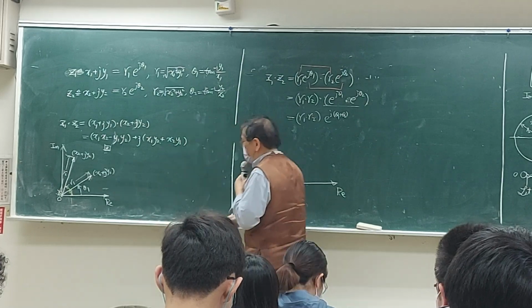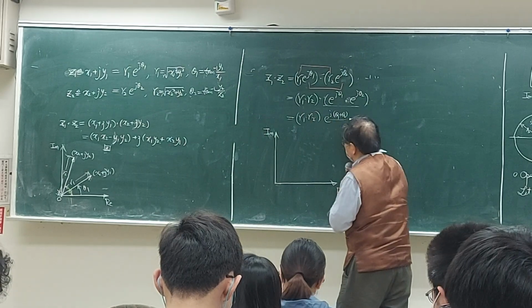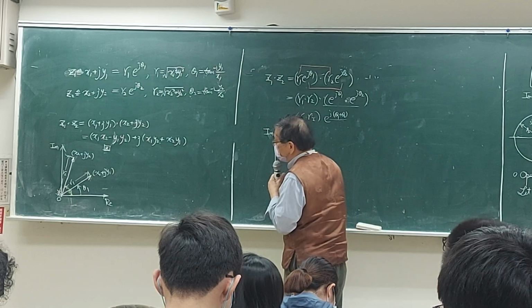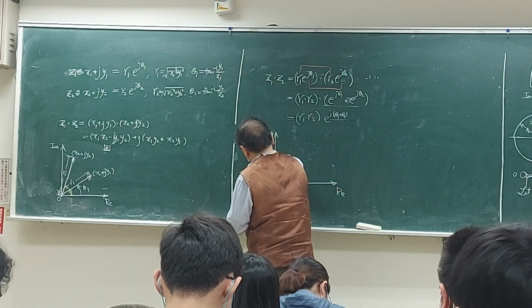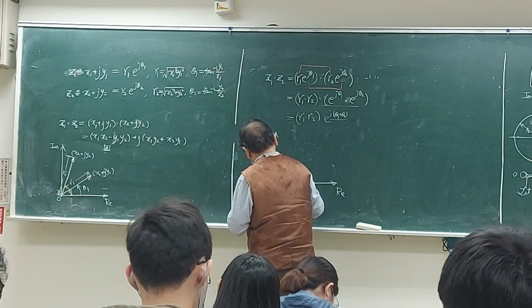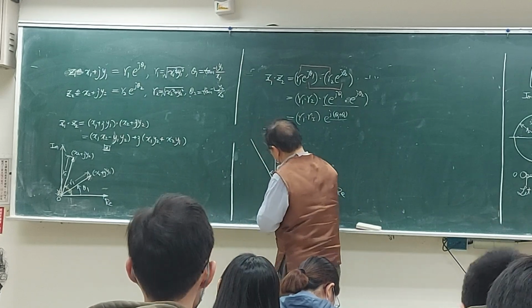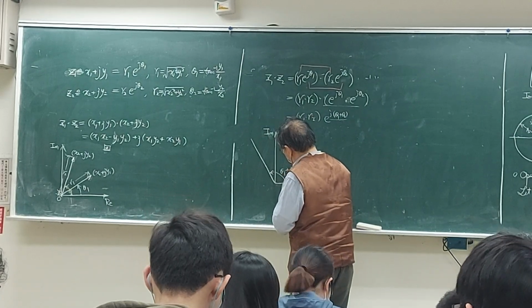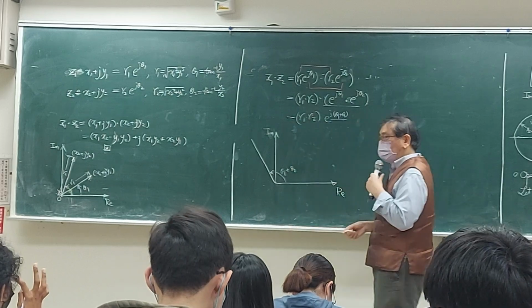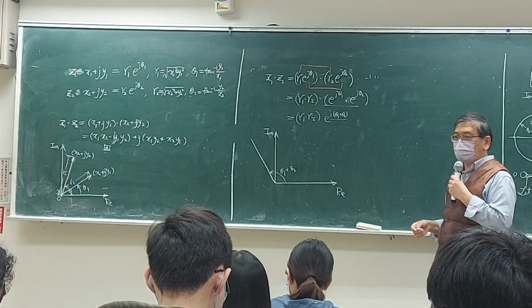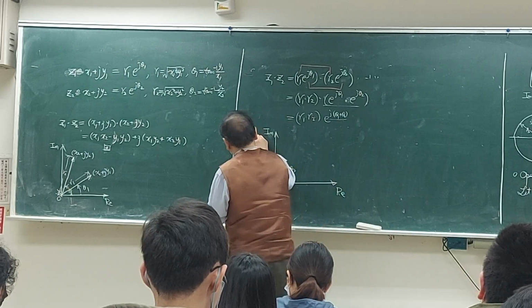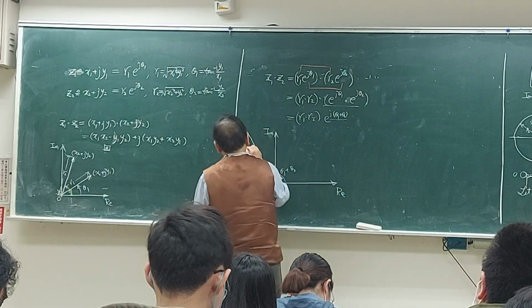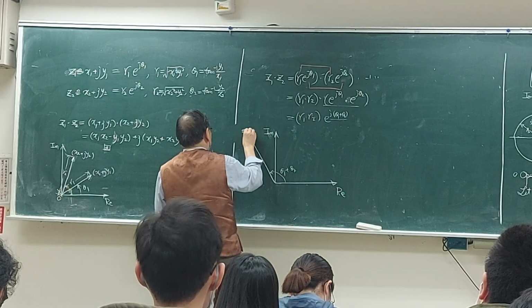So I have theta 1 and theta 2. The product has theta 1 plus theta 2, so that will be somewhere over here, probably. So the argument or the angle is simply the sum of theta 1 and theta 2. And what about the magnitude or distance?